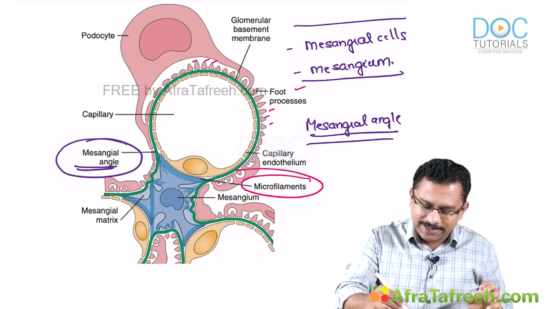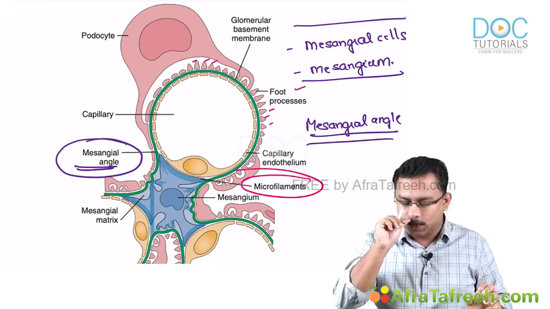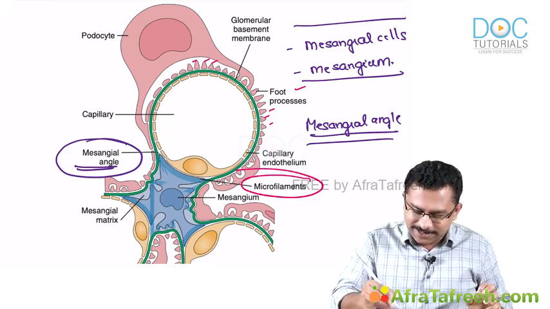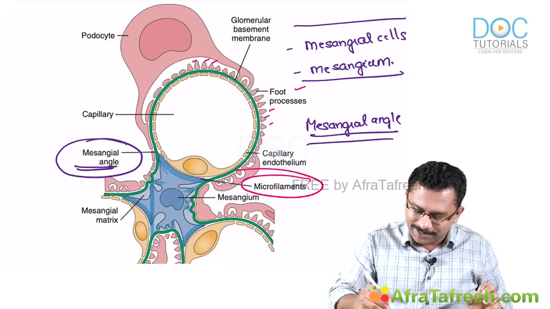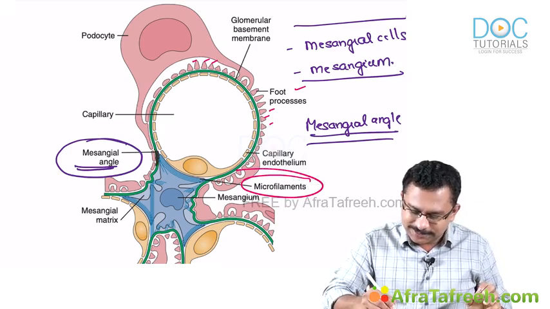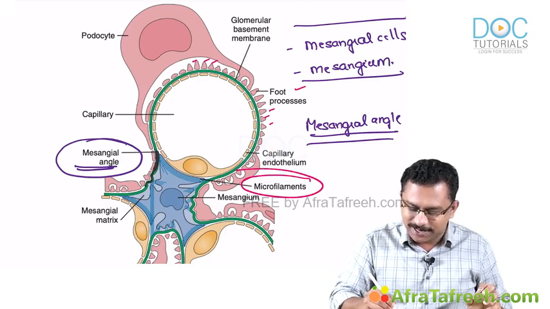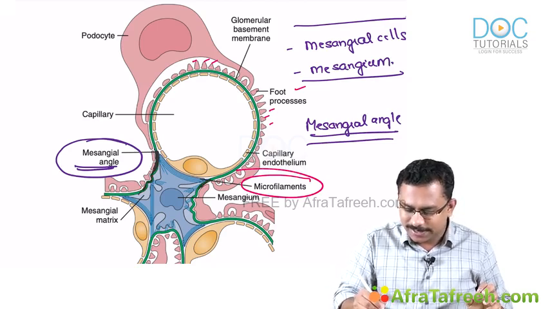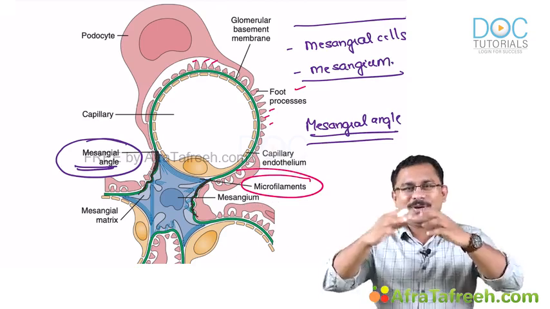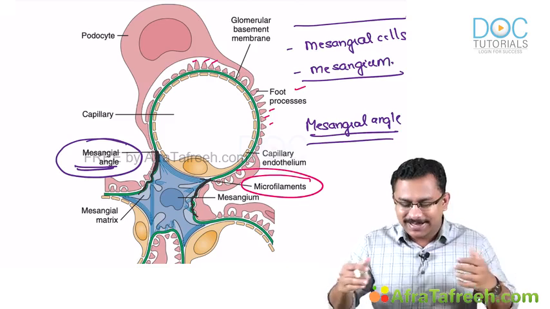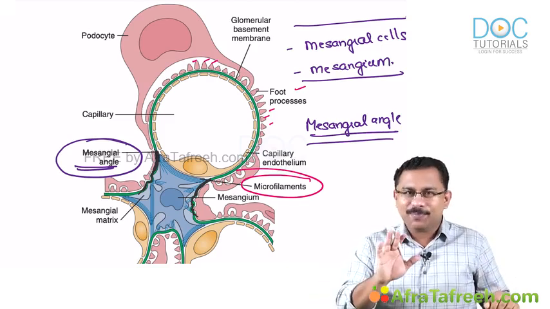It is closely adjacent to the glomerular capillary endothelium, and when it reaches this particular juncture, it deviates away from the endothelium. Can you see it deviating away? Till that point it was closely abutting the endothelium, and then it deviates. You are seeing that region.